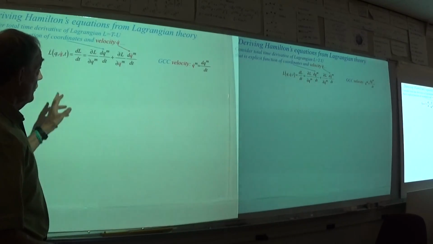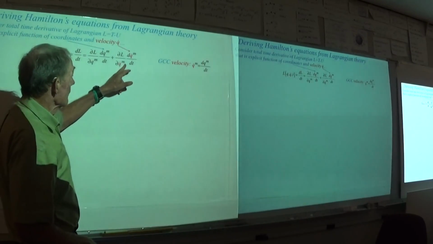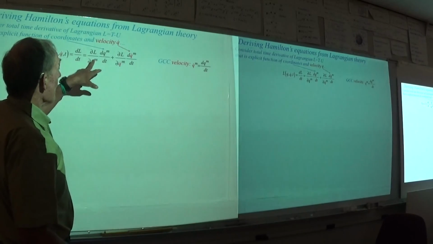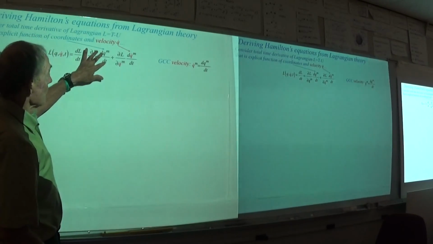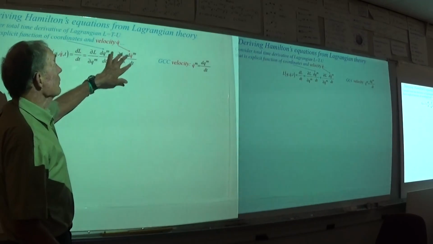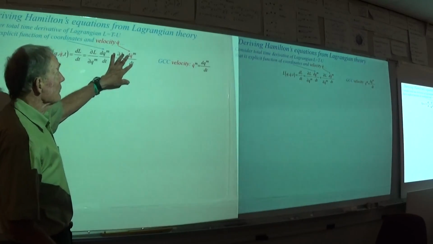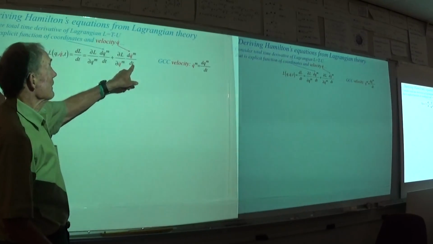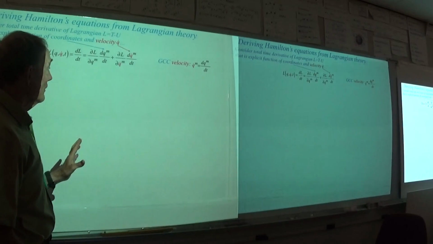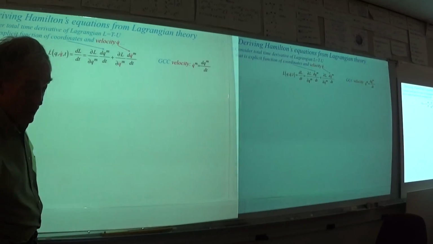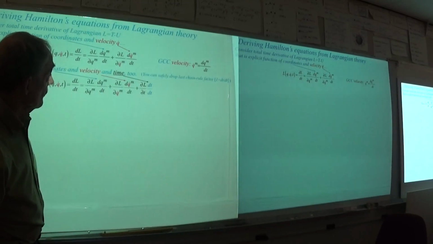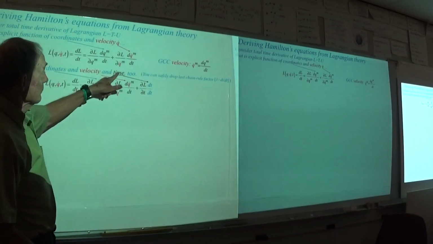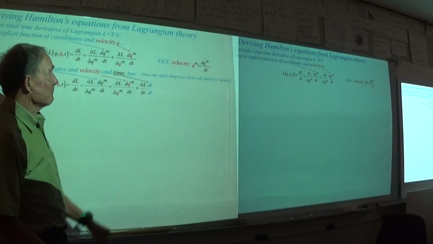So in addition to these two terms involving the time derivative of the coordinate, that's a velocity, and the time derivative of the generalized velocity, that's a queer acceleration, we need to advance this to the point where you include time as well.